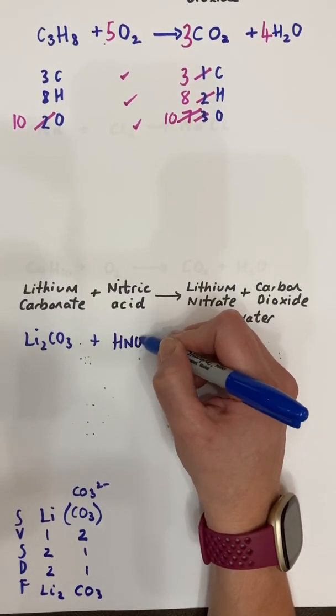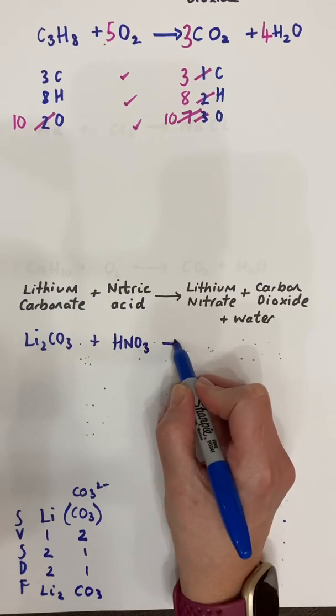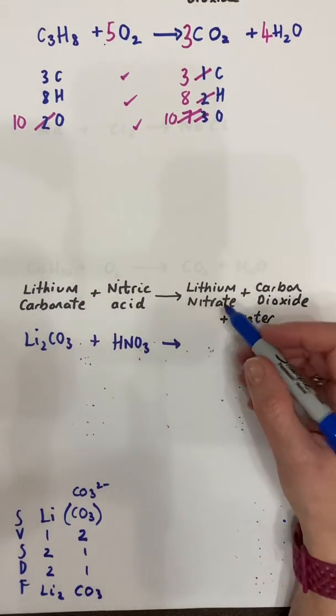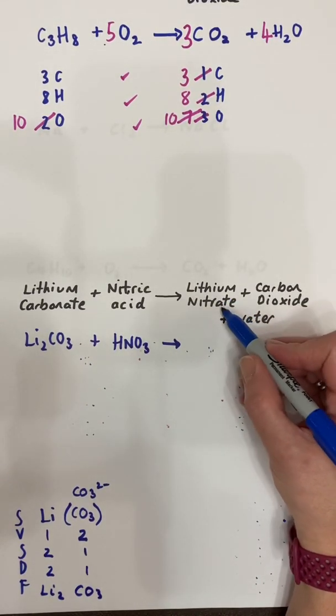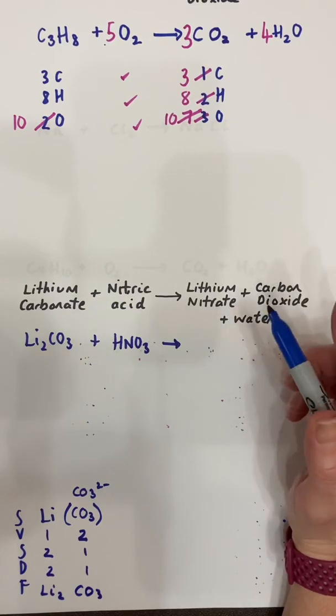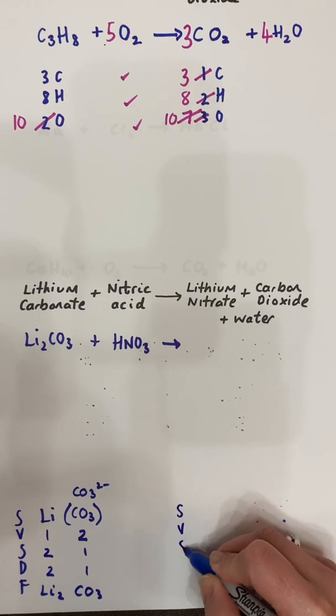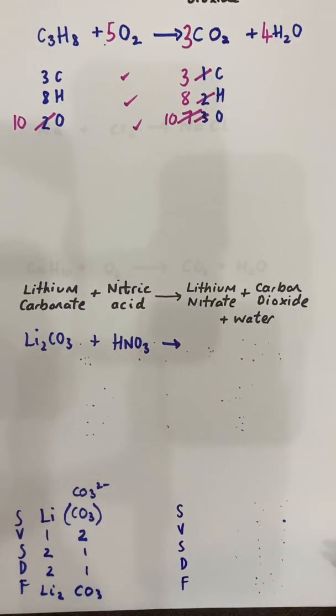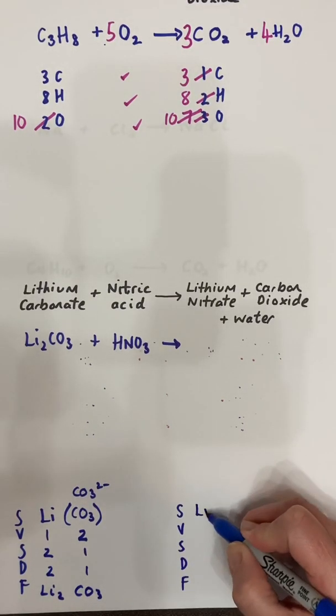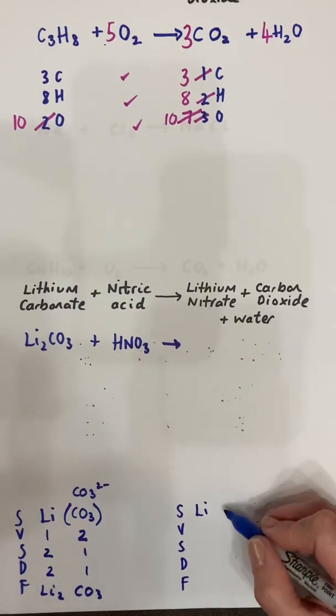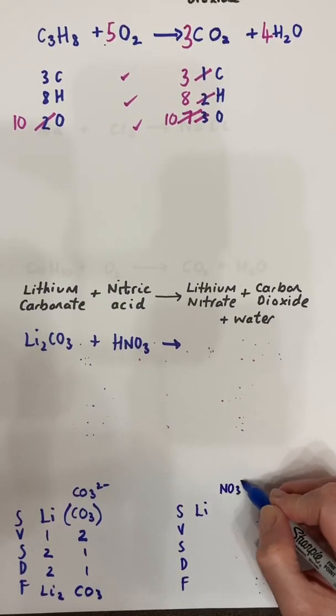Nitric acid, that's one from topic 4 and topic 6 that we just have to remember. Nitric acid is HNO3. We don't have its chemical name, we'll have to remember its formula. Lithium nitrate, again, ATE, compound. It's got oxygen in it, so I have to go down to the bottom again. SVSDF. Lithium is Li. Nitrate this time, nitrate is NO3-.